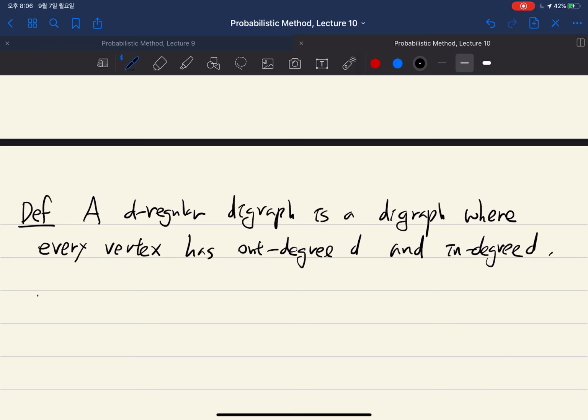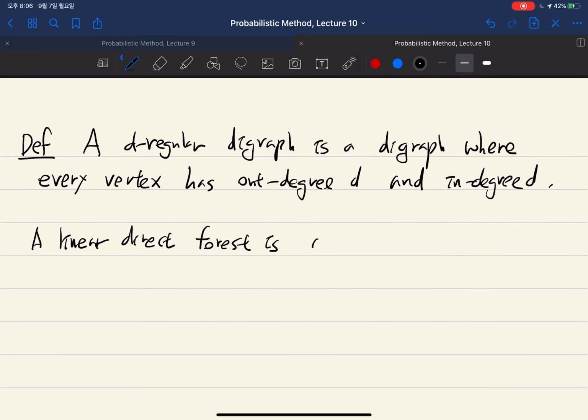And we say a linear directed forest is a disjoint union of directed paths.